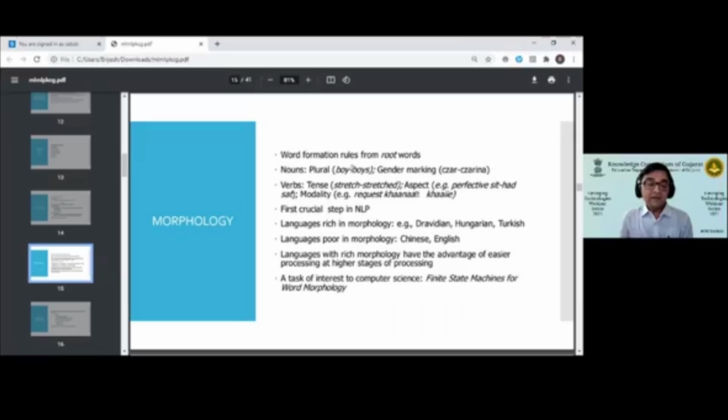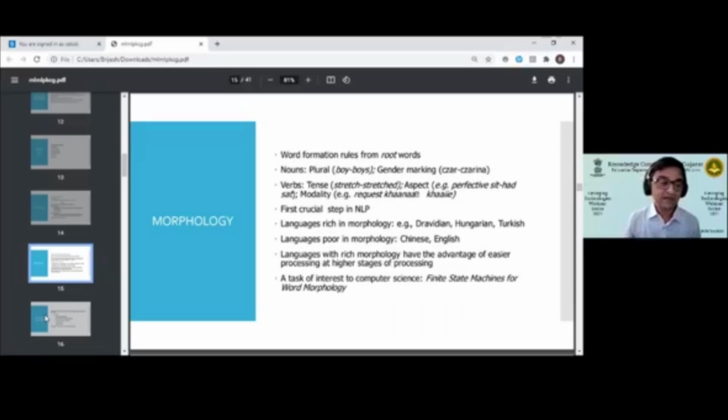But actually, it depends. If the morphology is poor, then the morphology processing might be easier, but later stage processing might be difficult. On the contrary, if the morphology is rich, then the morph processor might be difficult, but the later stage processing might be easier. One traditional, interesting way of solving morphology analysis is through a finite state machine.